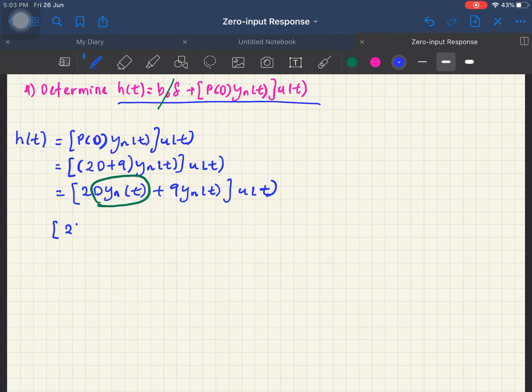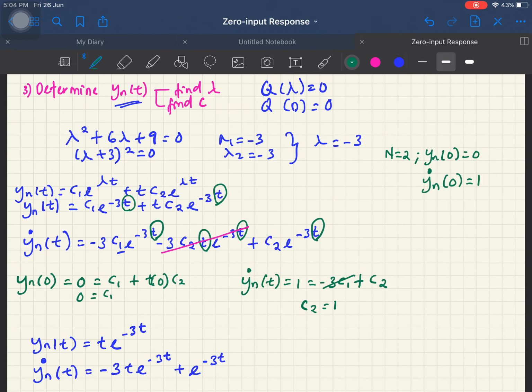So I have 2 yn dot of t plus 9 yn(t). So here what you have to do is simply substitute this yn dot of t and yn(t) with these values here.